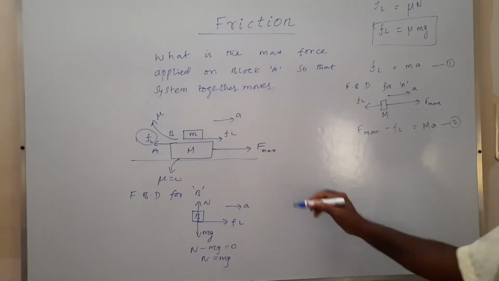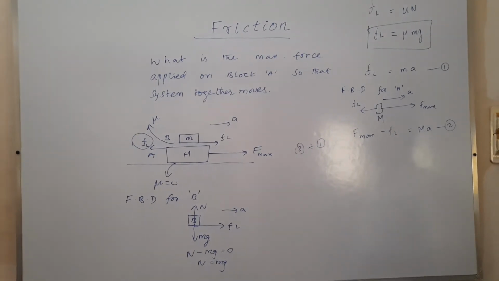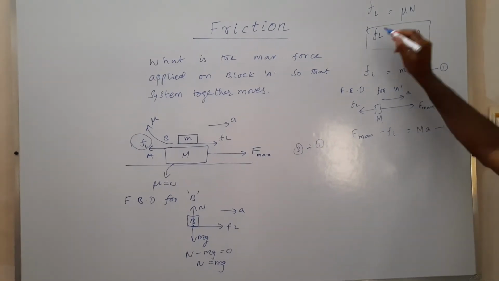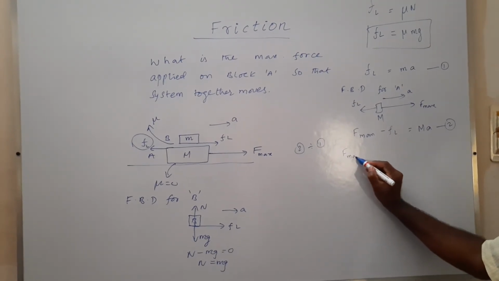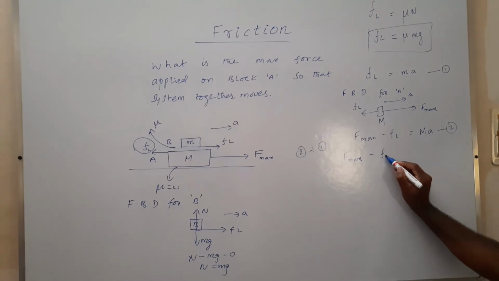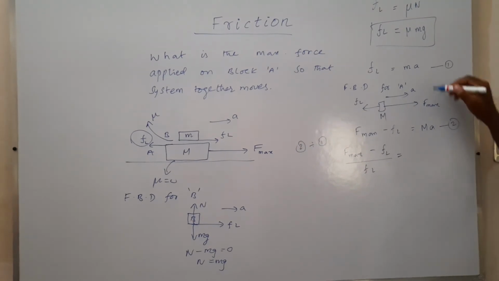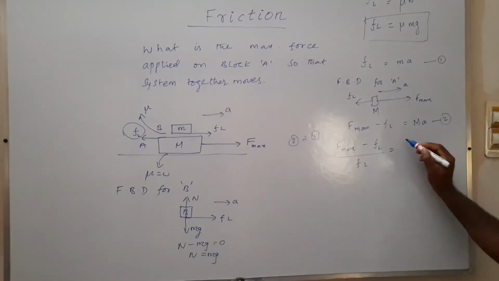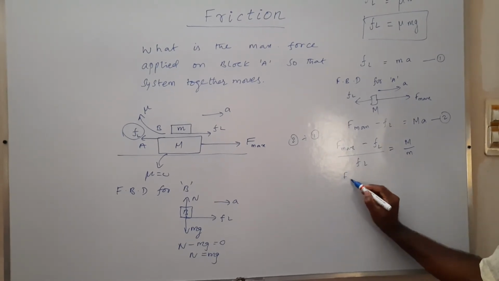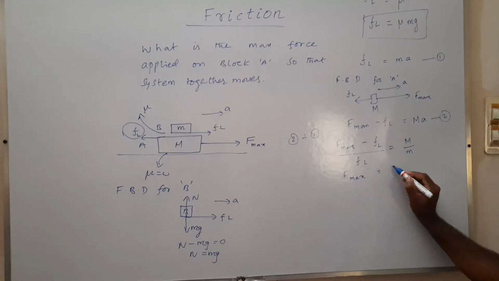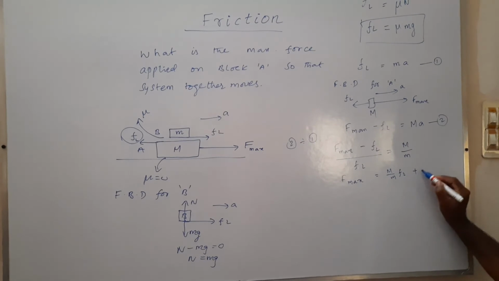Now divide equation 2 by equation 1 and substitute the value of Fl to get the maximum force. We get (F max minus Fl) divided by Fl is equal to capital M by small m, since the acceleration is the same in both equations and cancels. Readjusting, the maximum force is equal to (capital M by small m) into Fl plus Fl.